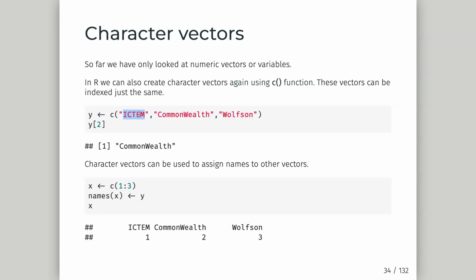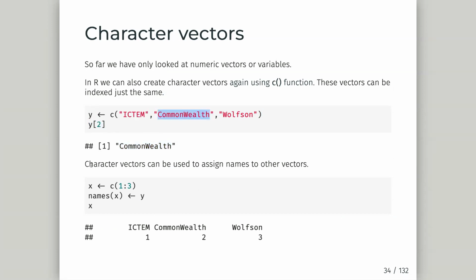These are old buildings in London somewhere. I should update this to New York buildings. ICTEM, Commonwealth, and Wolfson. So we create a vector, and I can use that just like I did numeric vectors. If I want to look at the second value, I can do y2, and it's going to pull out the second value from here, Commonwealth.